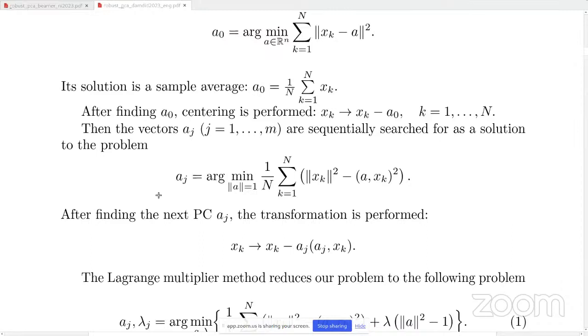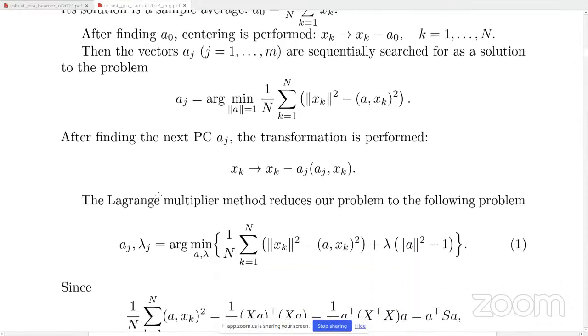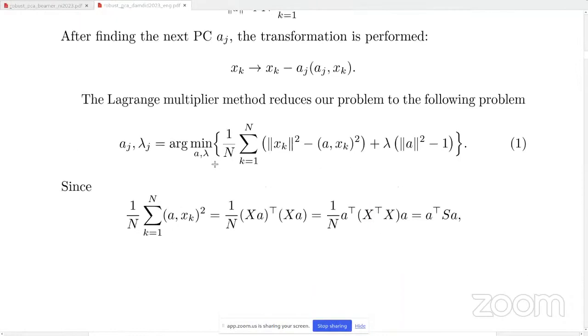This vector is the direction vector for the line. After finding the vector A, we perform a transformation: a projection to the orthogonal subspace.